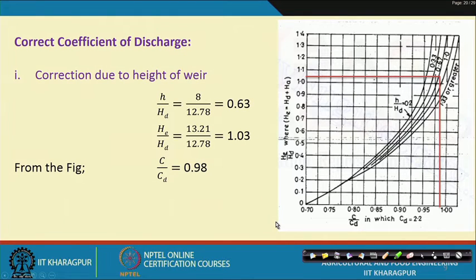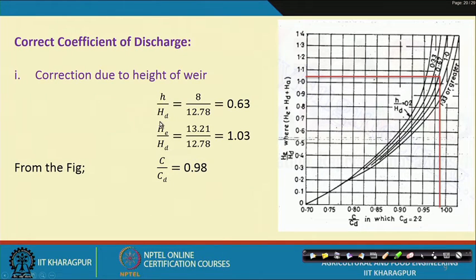Now, we have to correct the coefficient of discharge. How do we calculate the coefficient of discharge? There will be corrections in a number of ways. First, correction due to the height of the weir. This kind of graph is always given along with the design problem.